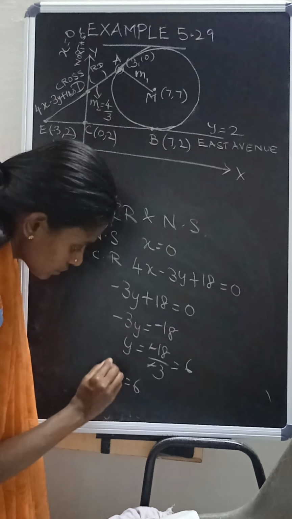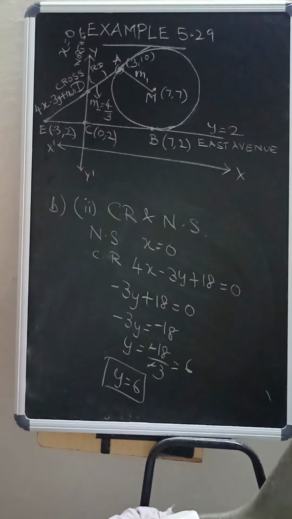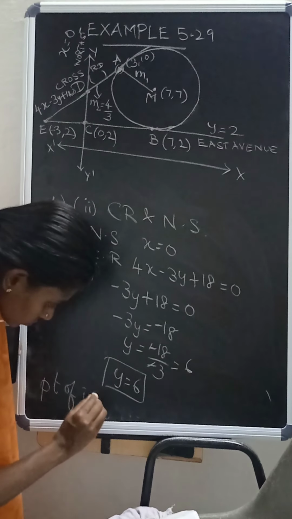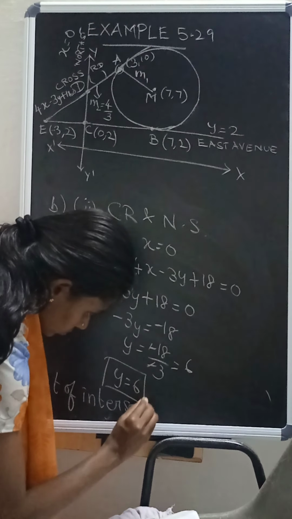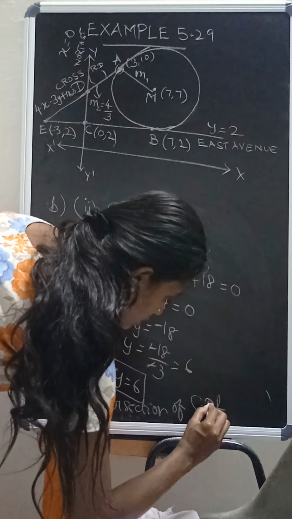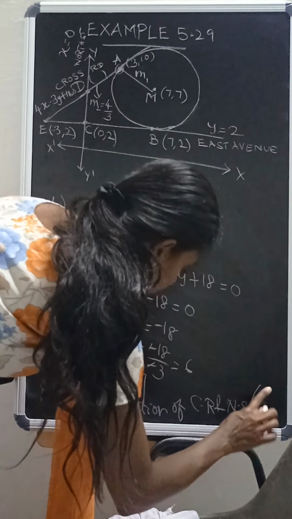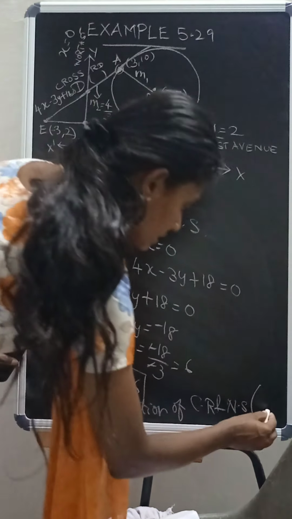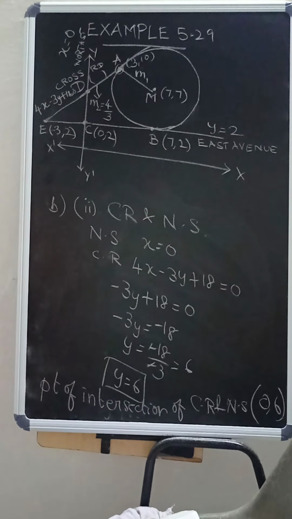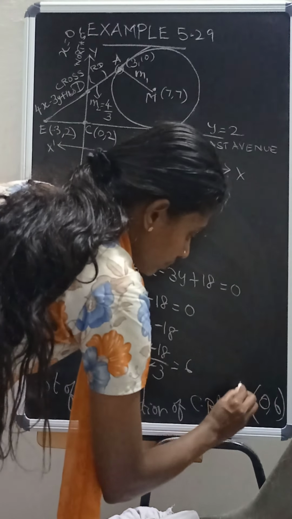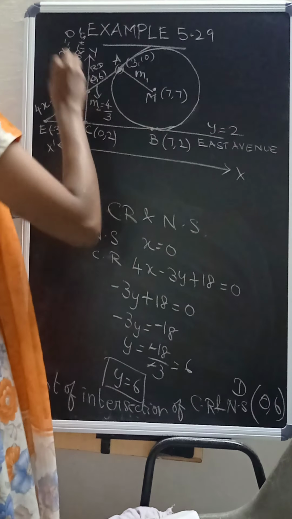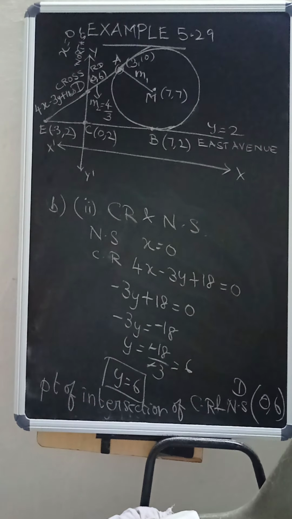So y is equal to 6. So the point of intersection of the crossroad and North Street is D (0, 6).